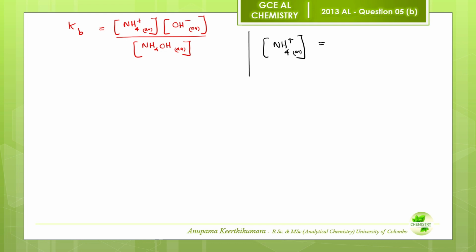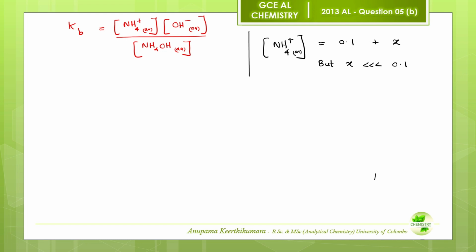The concentration of ammonium ions coming from the dissociation of ammonium chloride is 0.1 moles per cubic decimeter. Then the concentration of ammonium ions coming from the dissociation of this weak base, ammonium hydroxide, is X moles per cubic decimeter. But X is very much less than 0.1.